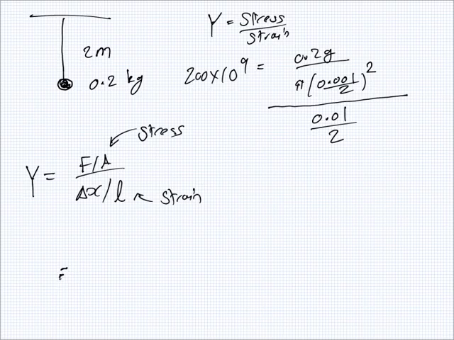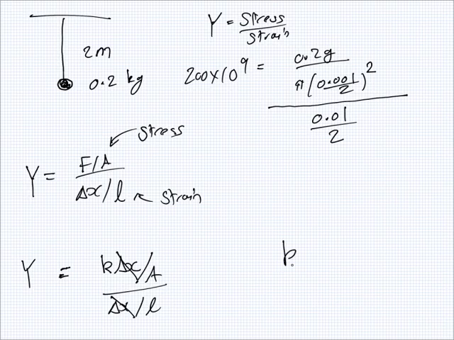KX. Hooke's law. Yeah. So you can replace the F with K delta X, over A, over delta X over L. Now what happens here? They cancel. So you get K equals Y A over L.